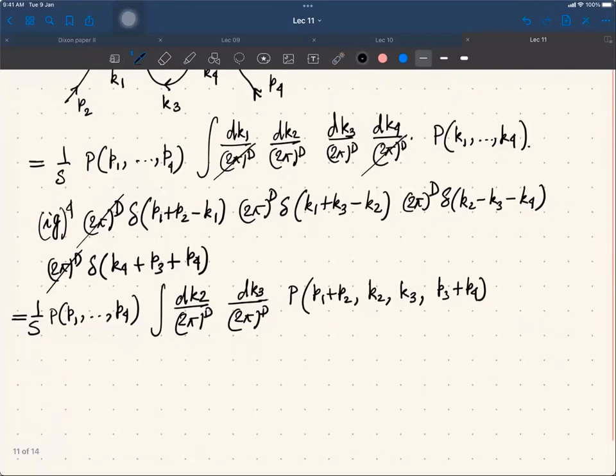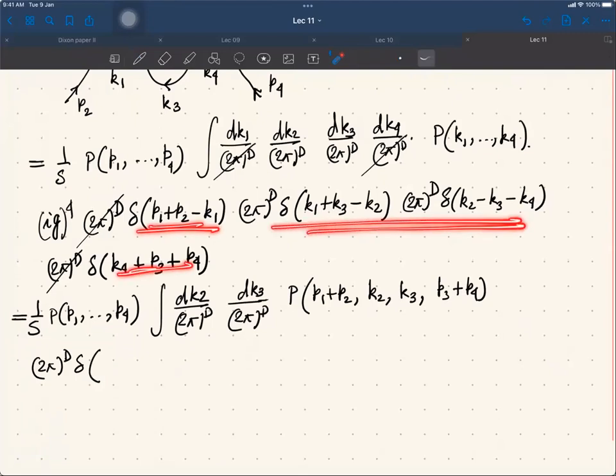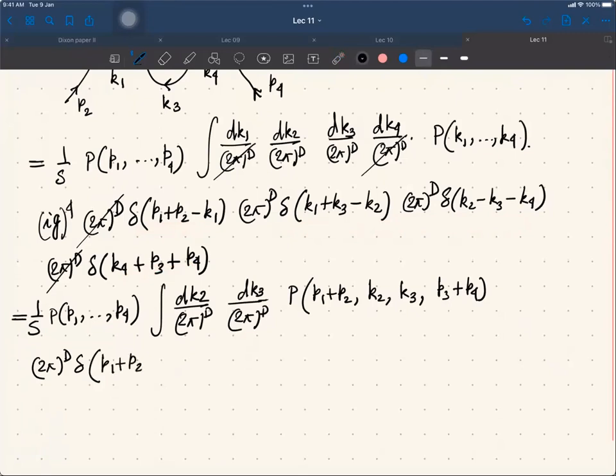Then we will be left with (2π)^d δ function. I have used these two delta functions, and I will be writing these two factors now. So K1 is P1 plus P2.